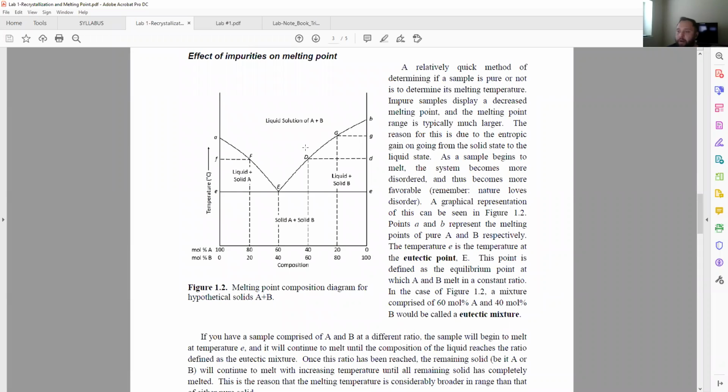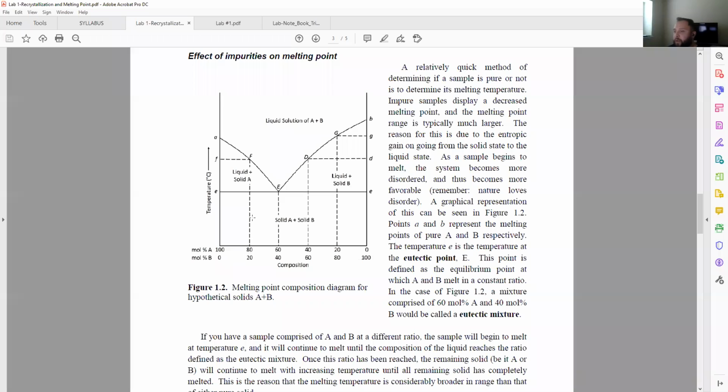And here's some background information talking about what the melting temp is when you have a mixed compound, how their melting temperatures depend on how much of each is in it.